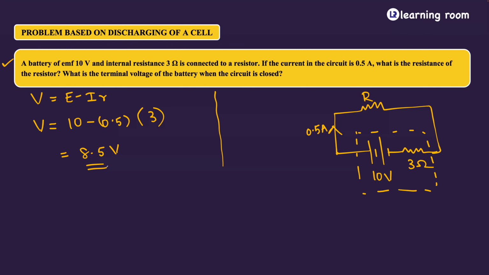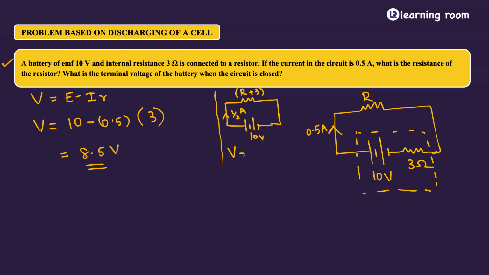When I do this, then the whole circuit will get converted like this. This will become a resistor of resistance R plus 3, which is connected across a 10 volt battery, which is carrying a current of half ampere.